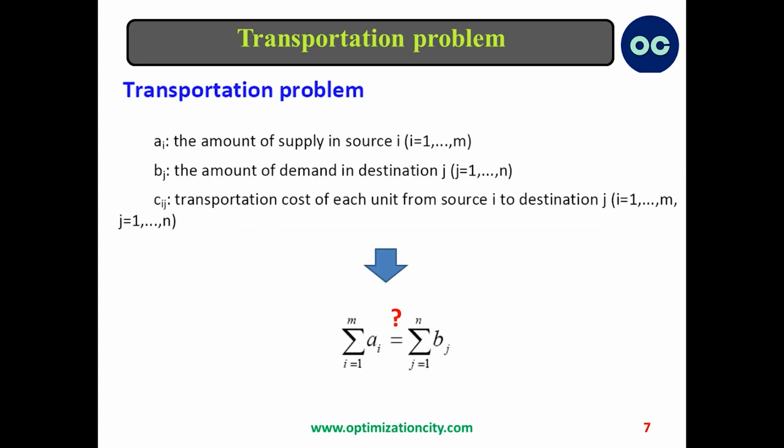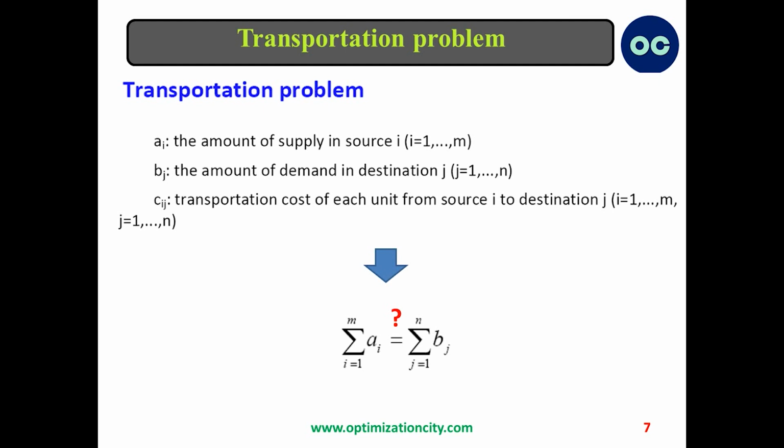To express the mathematical formulation of the transportation problem, we define the following parameters. Ai represents the amount of supply available at source i, where i is equal to 1 to m.